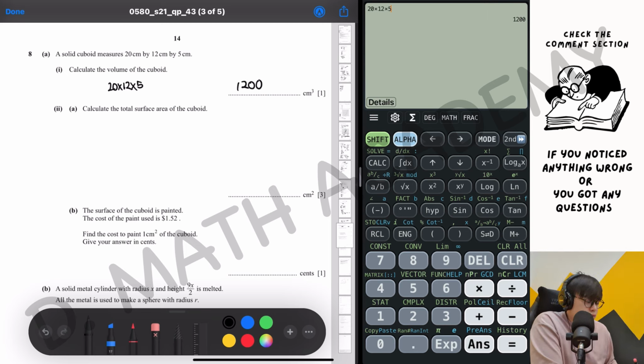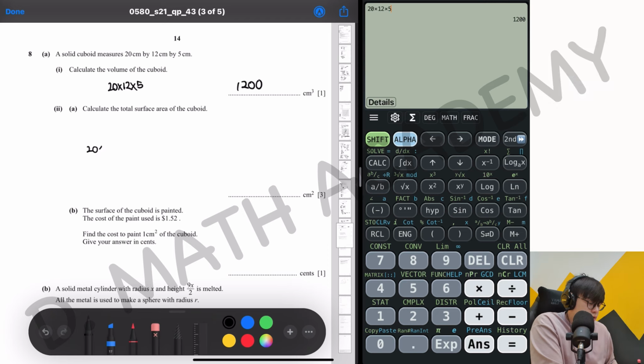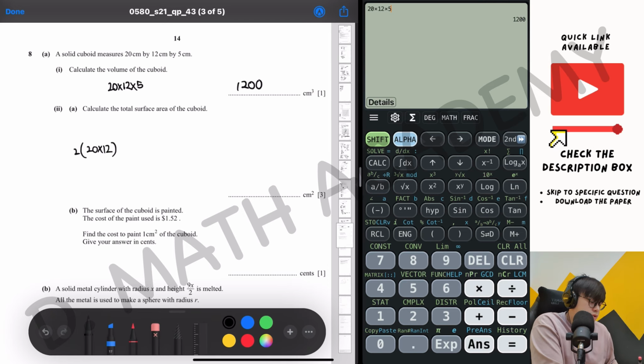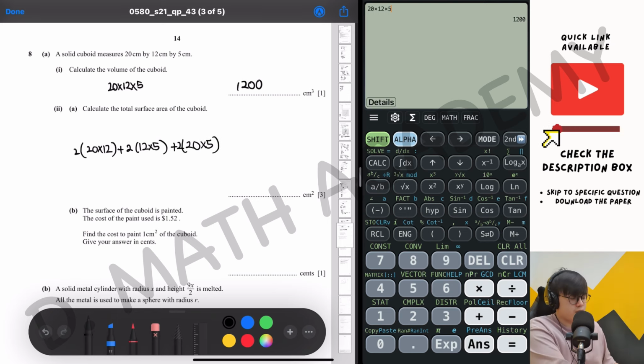So you need to know that there are 2 of each side. So you have 20 times 12, there will be 2 of them. 12 times 5, there will be 2 of them. And also 20 and 5, there will be 2 of this as well.